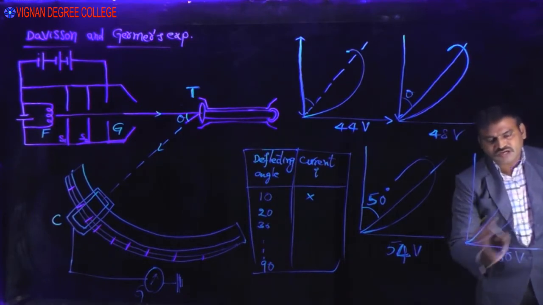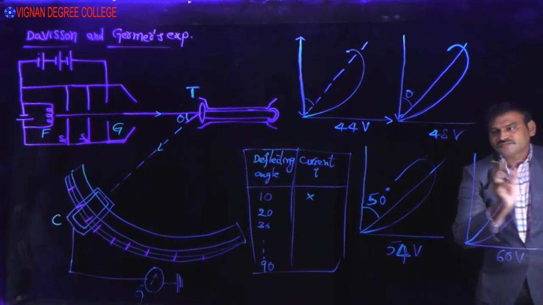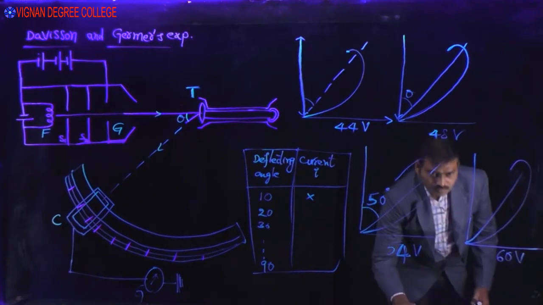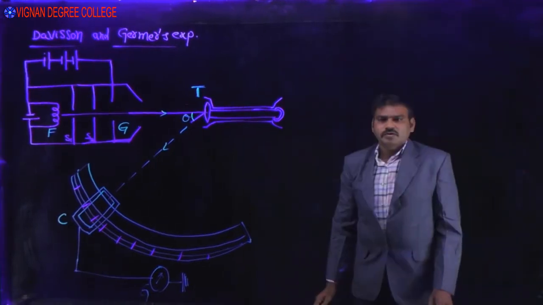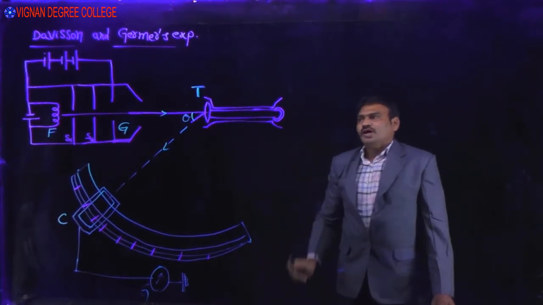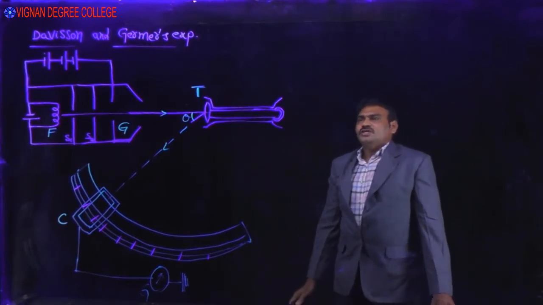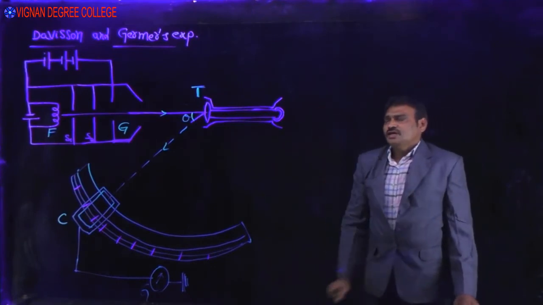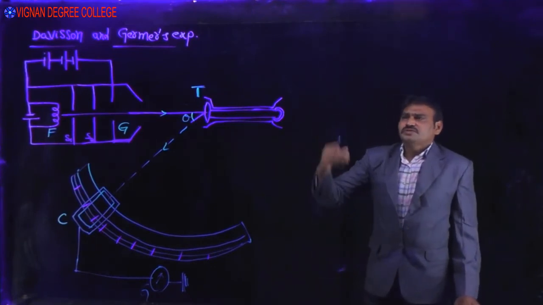That means the curve gradually disappears. So we observed different graphs at different voltages. At 54 volts and 50 degrees, the bump becomes maximum.